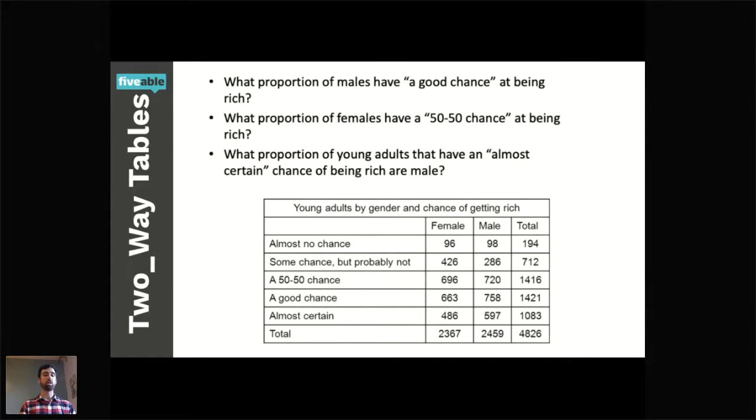Next, last one. What proportion of young adults that have an almost certain chance of being rich are male? So now we're looking at almost certain as our category. So that's what we care about. Everyone else, we don't care about.